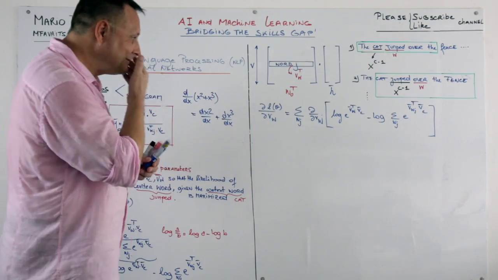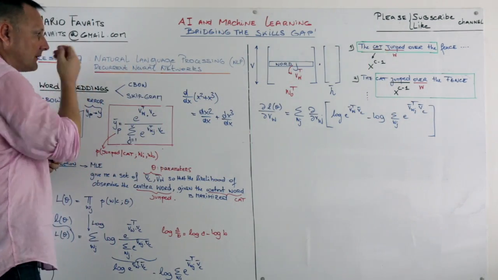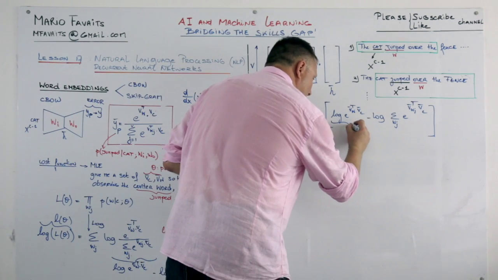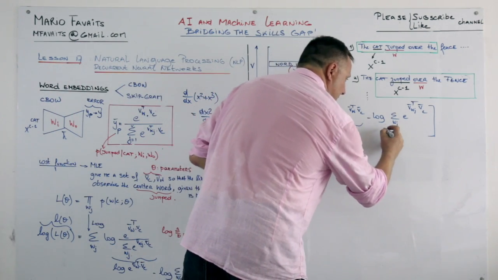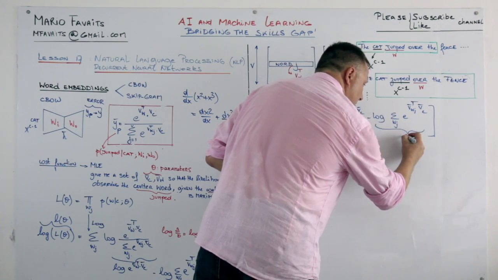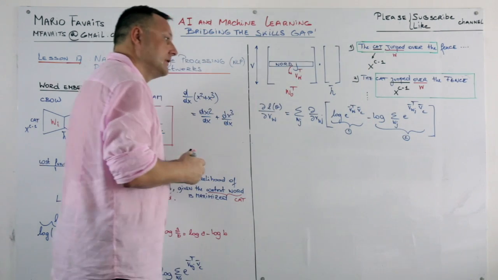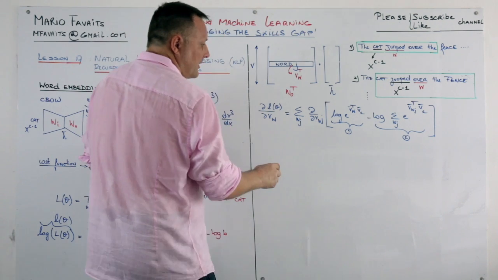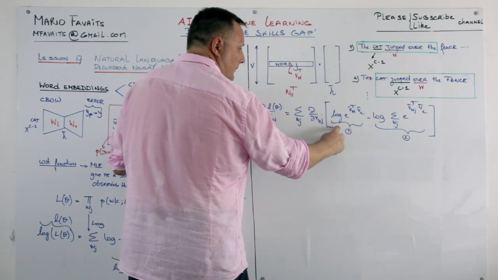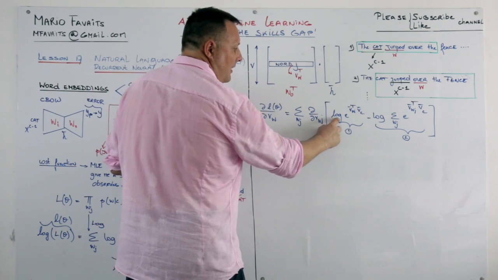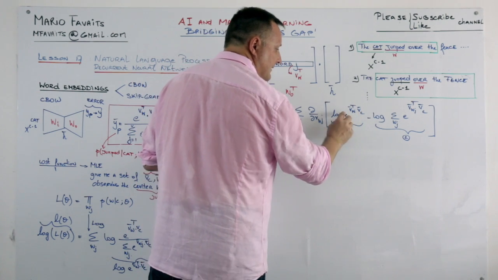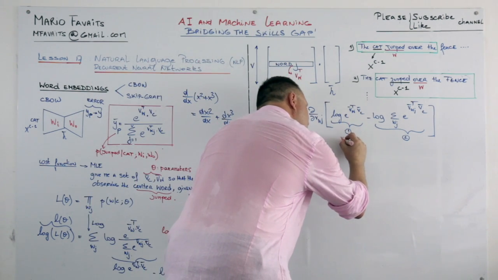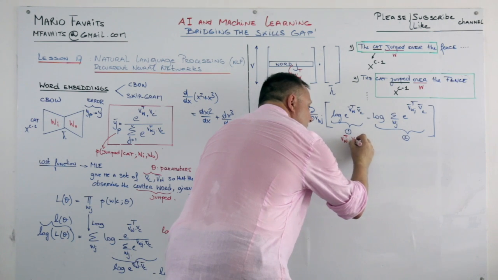We'll call this one number 1, and this one number 2. Looking at number 1, the log and e cancel each other out, so this is the same as Vw transpose Vc.